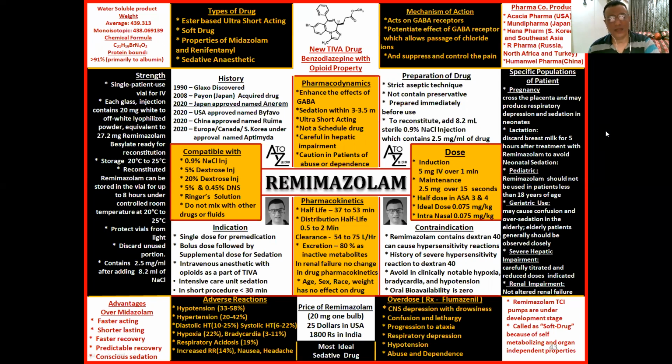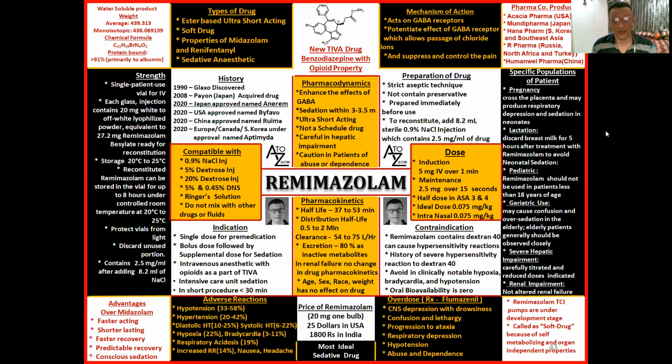It can be mixed with any other drugs in the fluid in the theater. But remember, it is available as a 20 milligram vial, and the price in the USA is $25, and in India 1800 rupees per vial. Most ideal sedative drug. I think it will also change anesthesia practice after propofol.